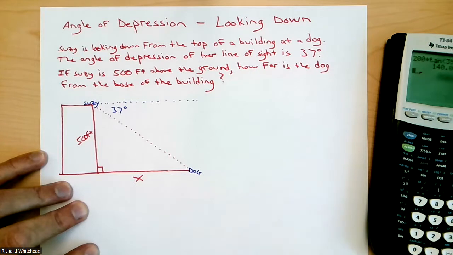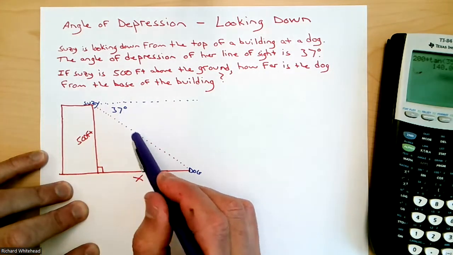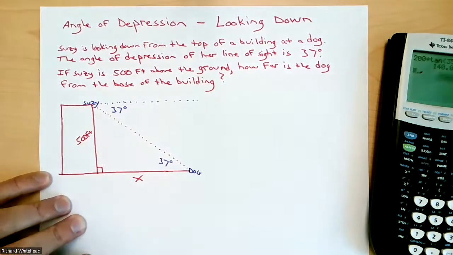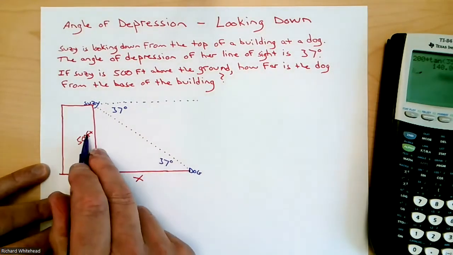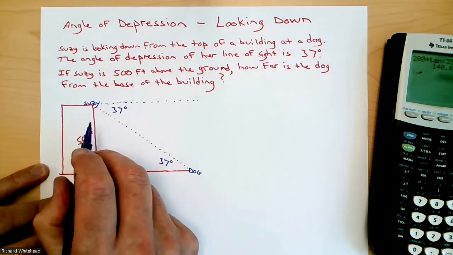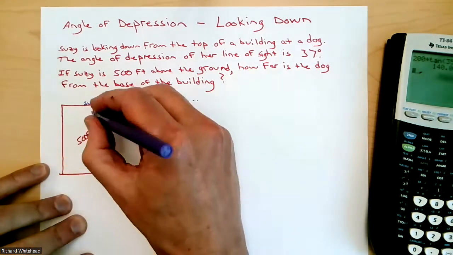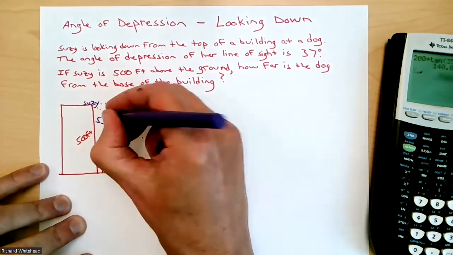And you're saying, what spot? I don't even see what you're talking about. All right. If you said, well, they're alternate interior angles, so they're equal, that'd be 37 degrees. Okay. So now I've got an angle and I've got enough information. Or you said, no way, I wanted to subtract and make that 53 degrees.